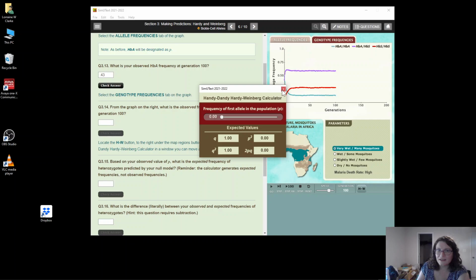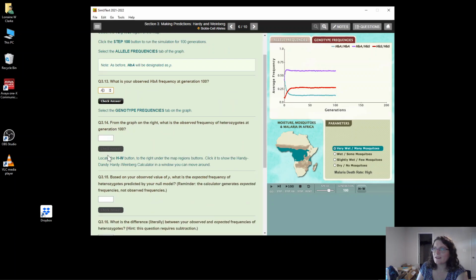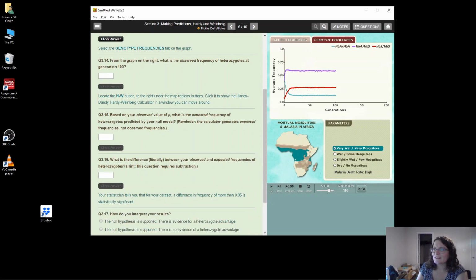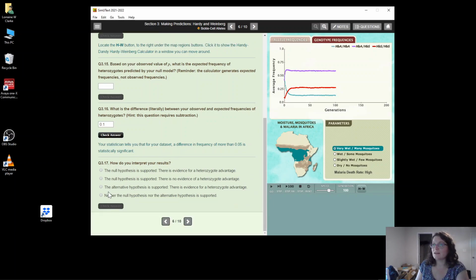And now it's going to show you the difference between your observed and expected frequencies of heterozygotes. That is 0.1, okay? 10% difference. A difference in frequency of more than 0.05 is statistically significant. We have significance. Ta-da! The alternative hypothesis is supported.